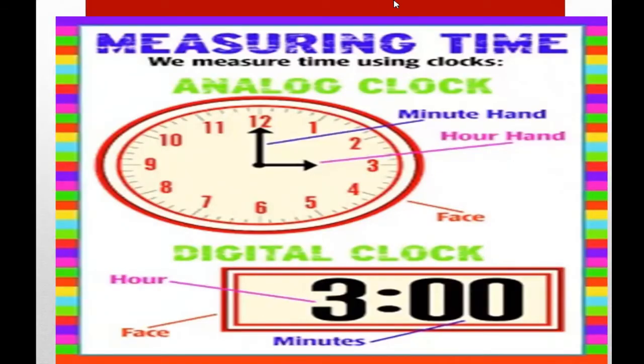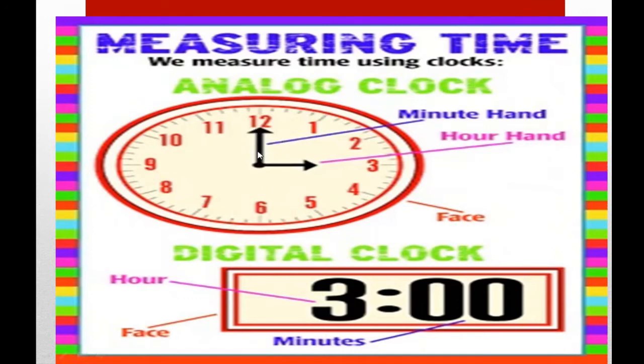Before measuring the time, we should know how many types of clocks there are. It doesn't mean how many clocks you have in your home or in the market. There are two different types of clock. One is the analog clock, the other is the digital clock. In an analog clock, you have the numbers in a circular way, written from 1 till 12.